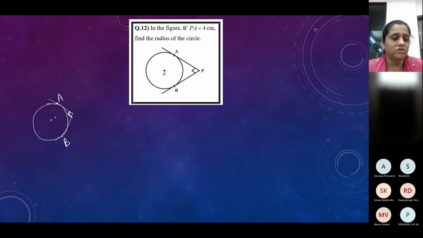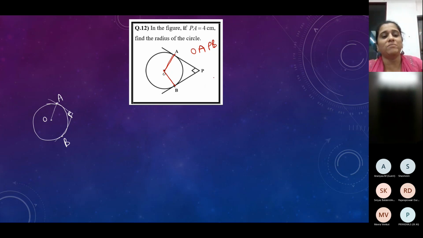It's not looking like a square, children, but please adjust. Now, if I prove that OAPB is a square, don't laugh at me. The figure doesn't suit the information given, but it is true. The situation can be true.